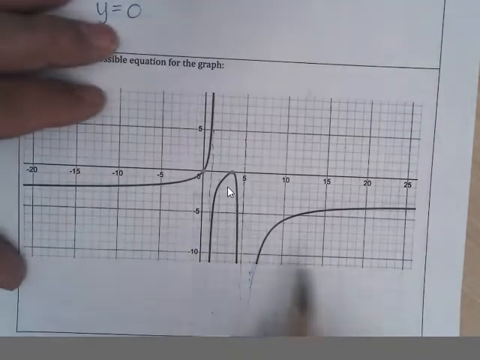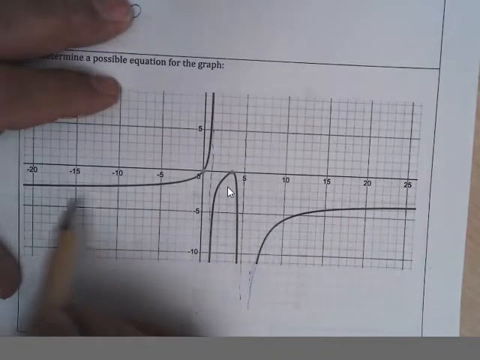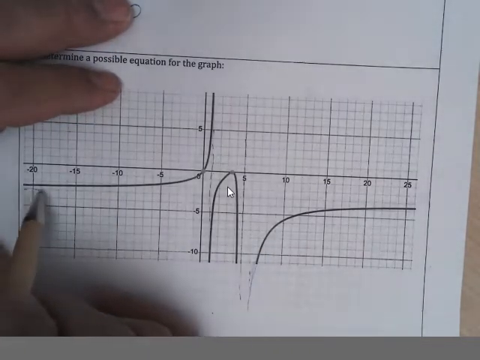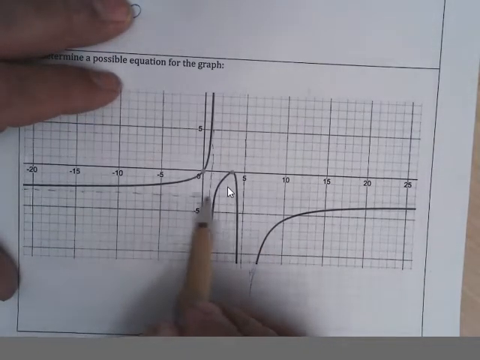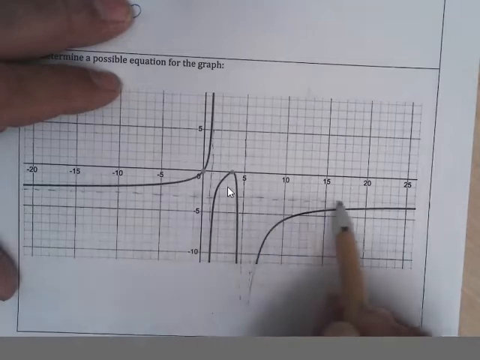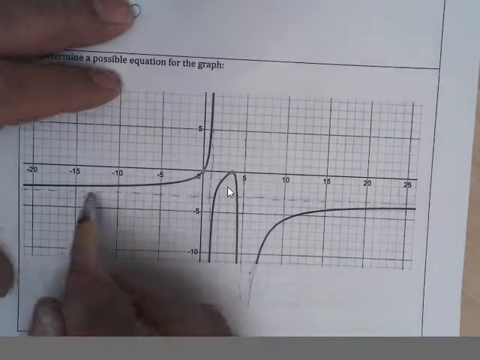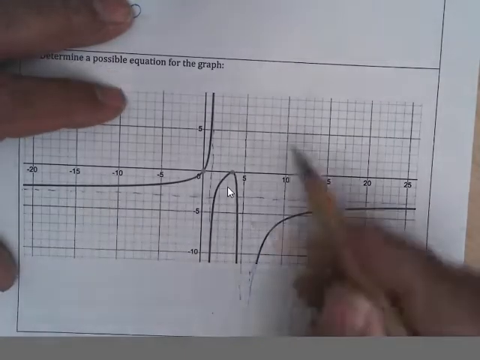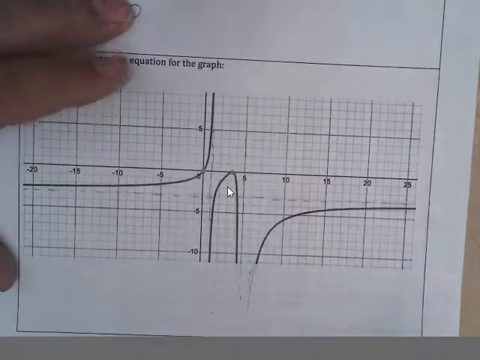No other asymptotes vertically, but there is a horizontal asymptote, and this is what many of you forgot to look at. So now, the vertical asymptotes and the intercepts.